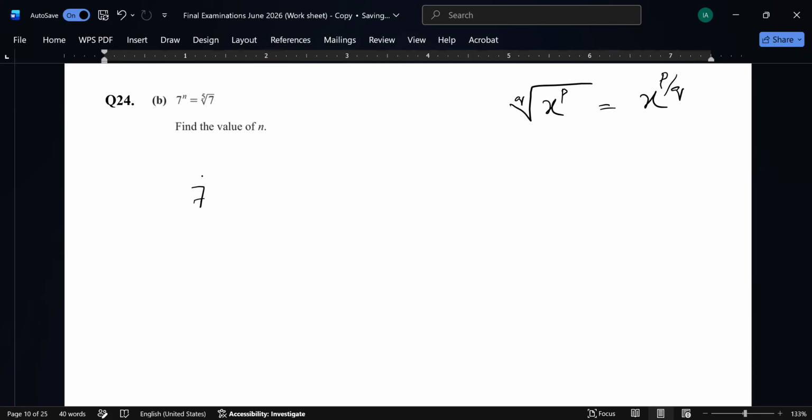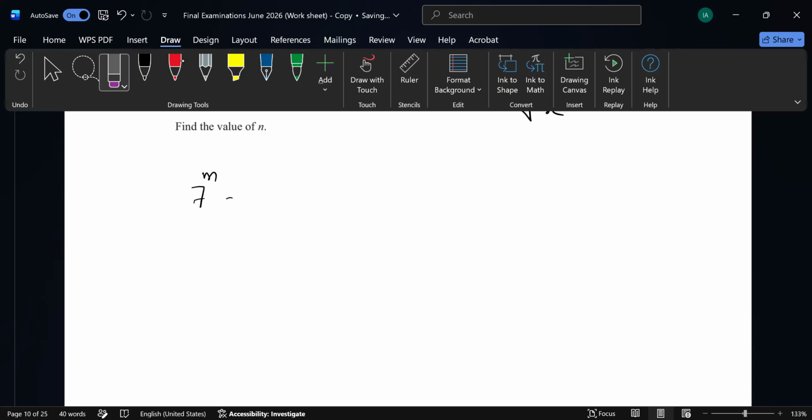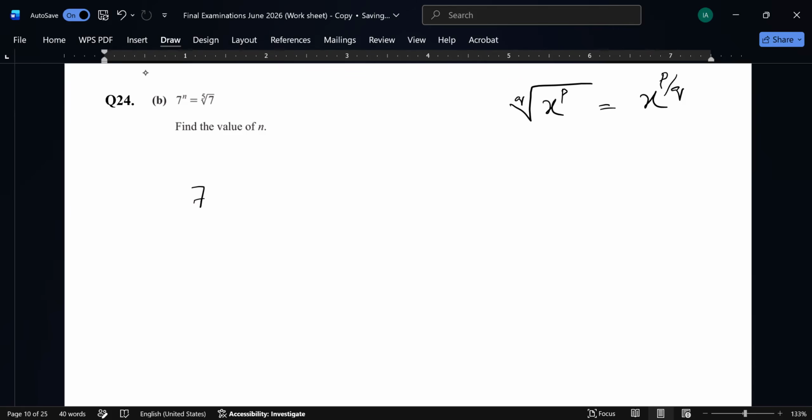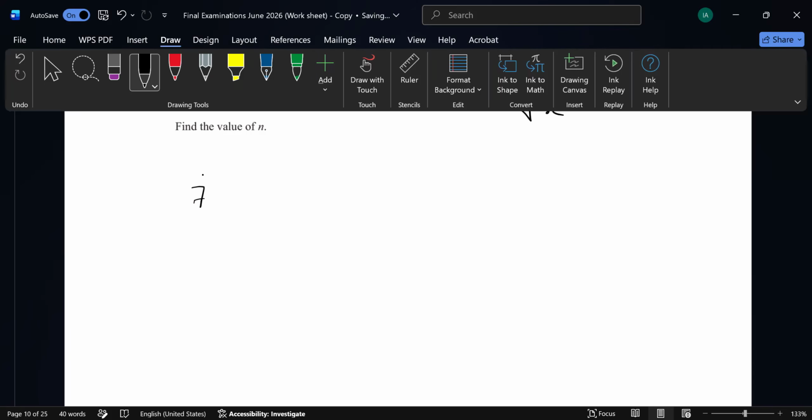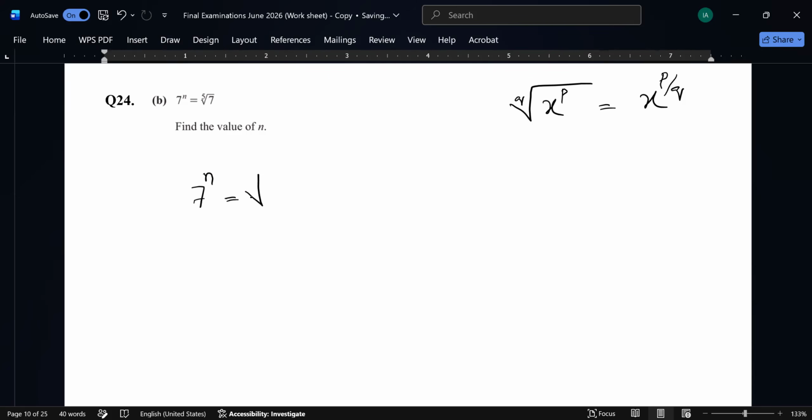In this case, we have 7 power n here, not m, sorry. It's 7 power n, but on the right hand side, it is written in this form.